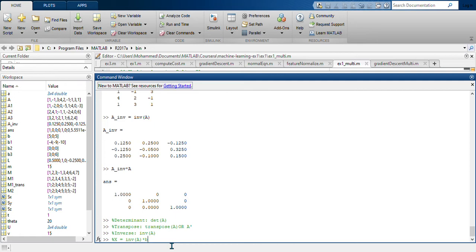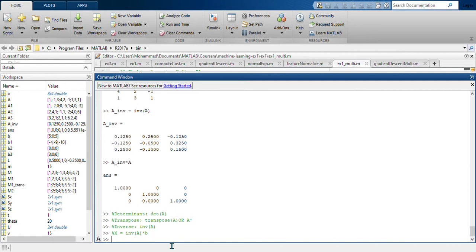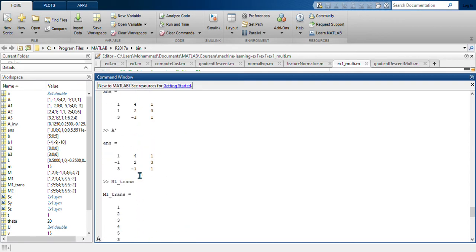So let's see if we get the same answer with our MATLAB implementation now. We have computed the inverse of A and stored it in the variable a underscore inverse. We already have entered the b vector in our system.